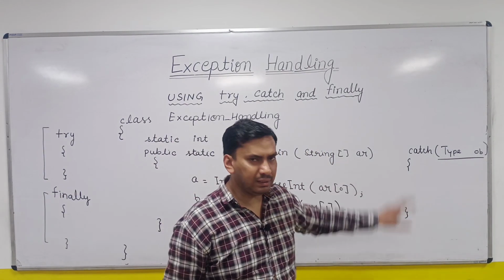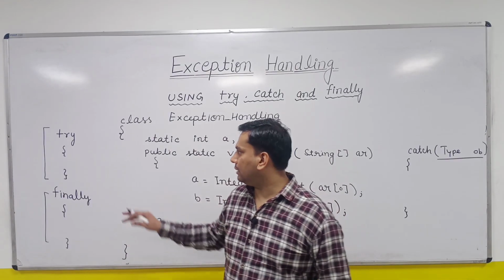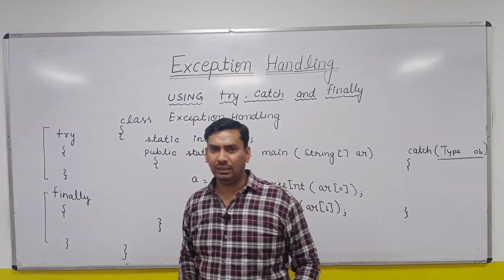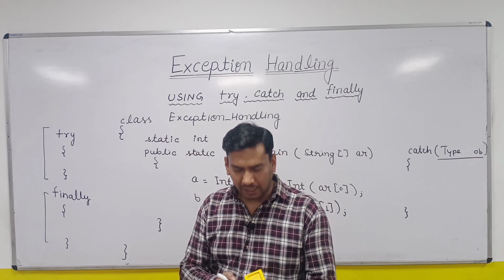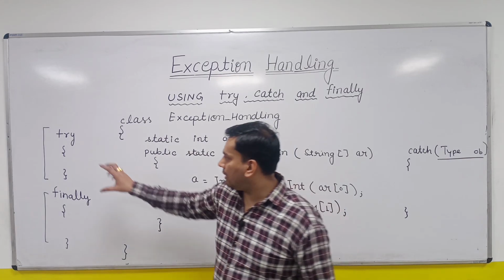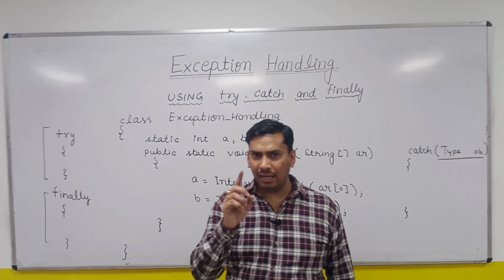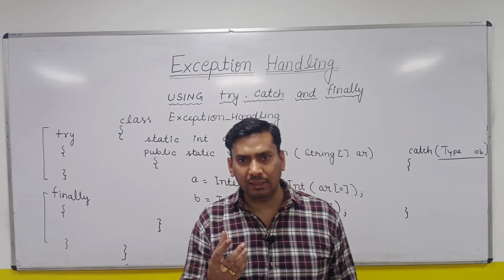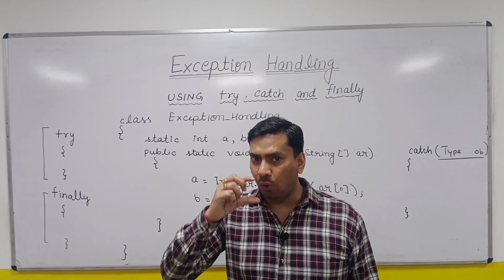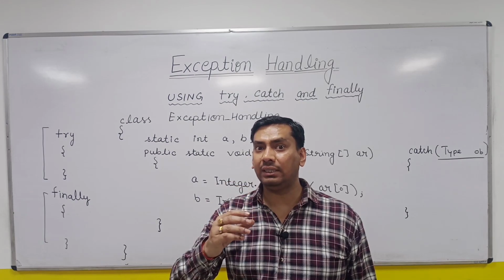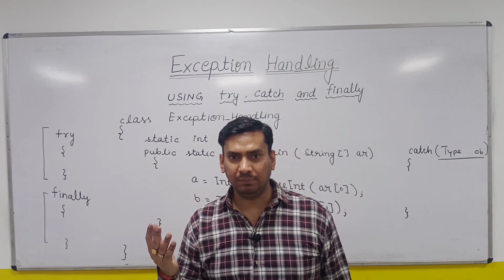We will understand this further, but before that let us understand the importance of try and finally. First, starting with the try block, why do we create the try block? Try block is created to hold the statements which can result in some exception, right?